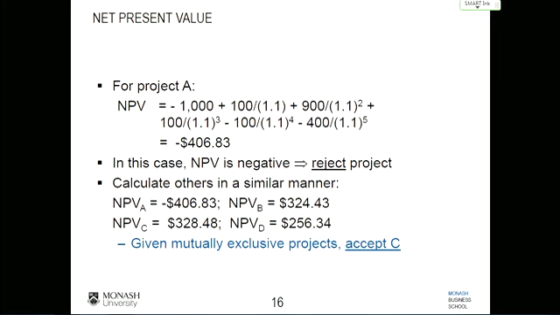In this case, the project doesn't generate as much as we require. Should we accept that project? Of course not, right? So we only accept the project if the NPV is positive or 0. But in this case, we have mutually exclusive projects.